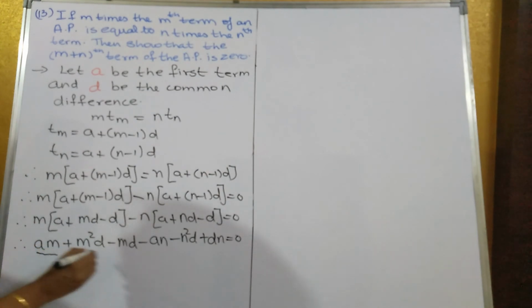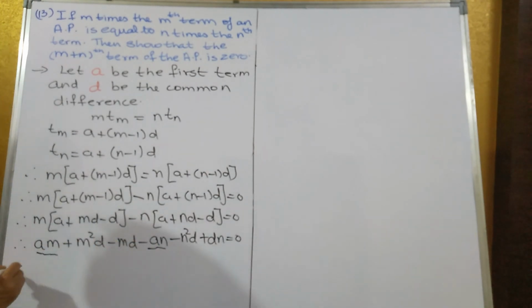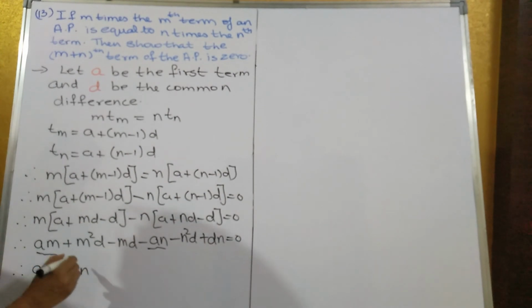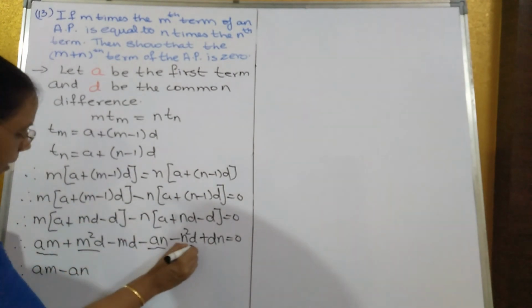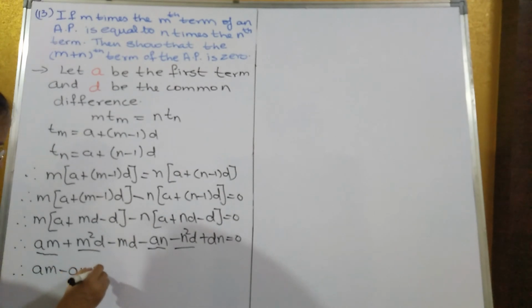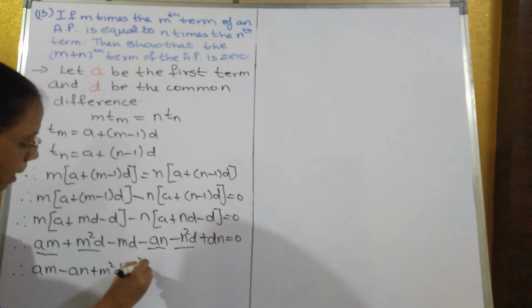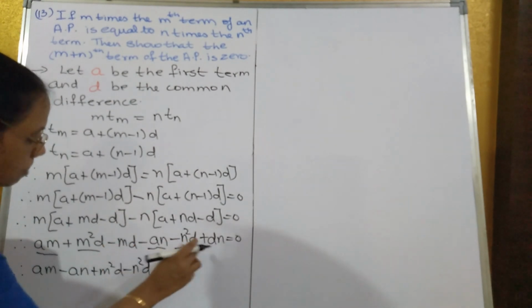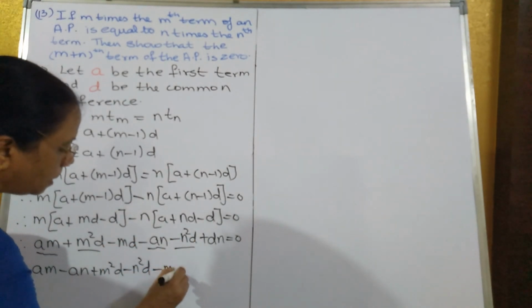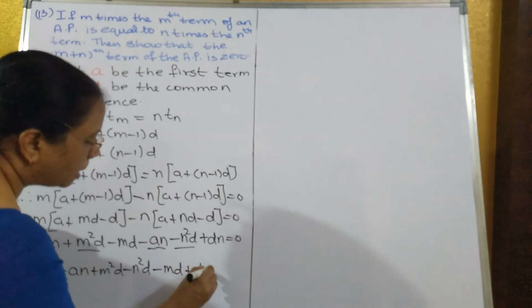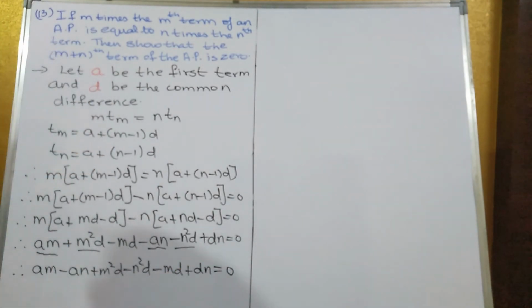Now like the previous sum, take the like terms. Over here am and an take together. Therefore am minus an, then take (m square minus n square) d, like the previous sum only, same method, it is, minus md plus dn, is equal to 0. Now break this up, take common.